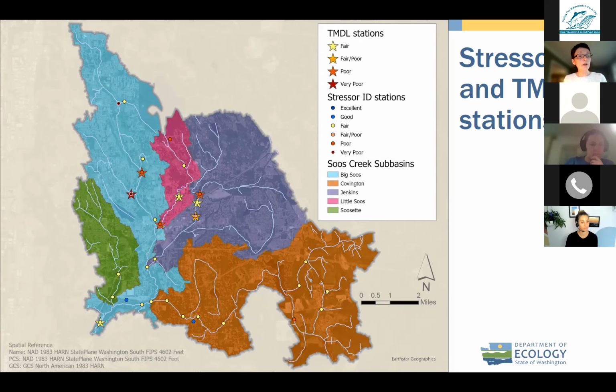How well or not well the benthic invertebrates are doing is represented in this qualitative scale, ranging from very poor, symbolized with the dark red dots, all the way to excellent, the dark blue dots. But what I want you to keep in mind is that anything that is fair or below does not meet water quality standards.